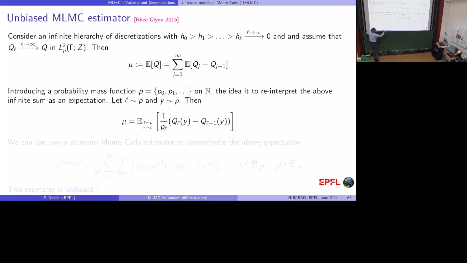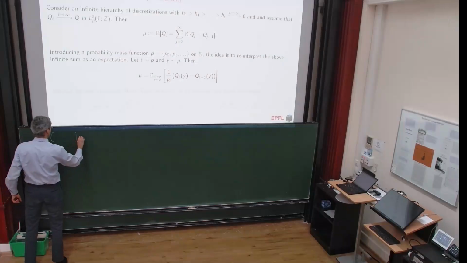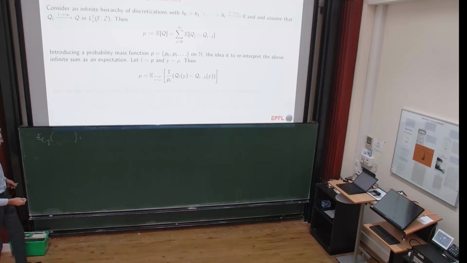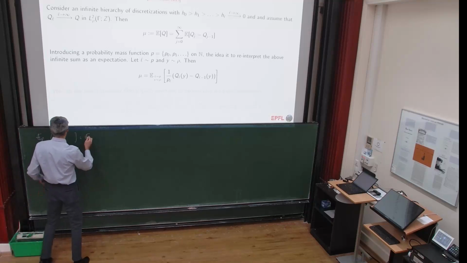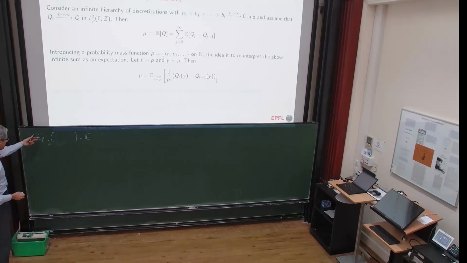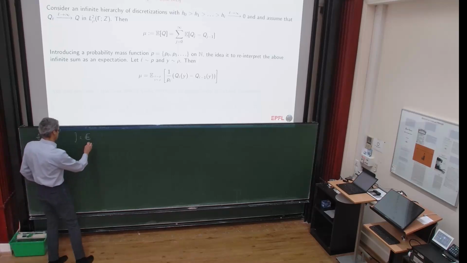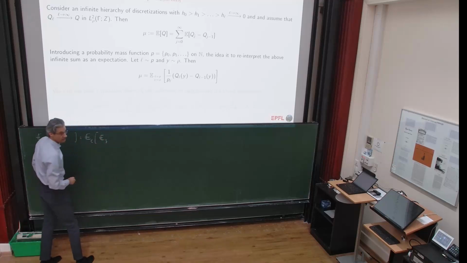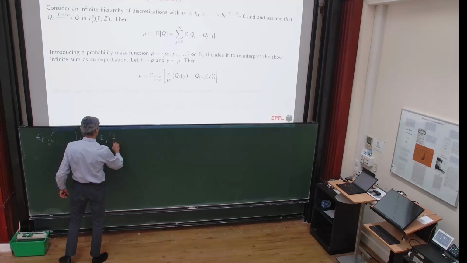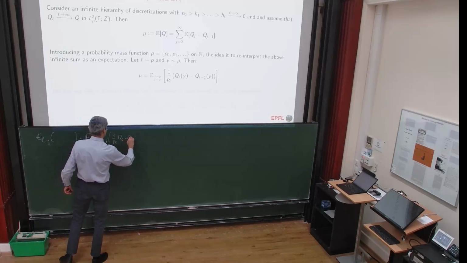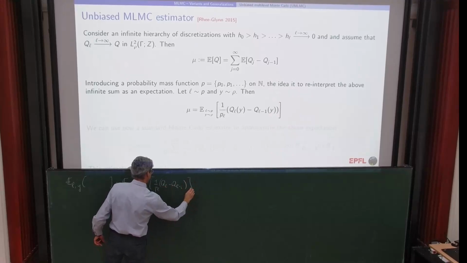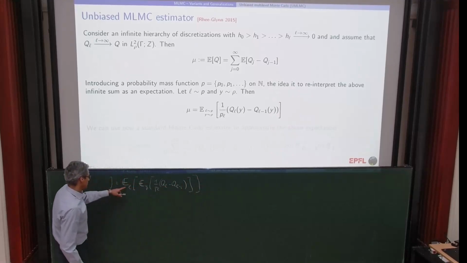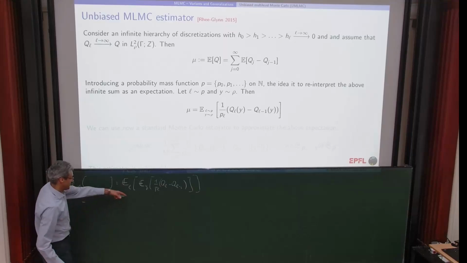So this expectation over L and Y, because those two random variables are independent, is a double integral if you wish. I can write it as an expectation over L of the expectation over Y of 1 over p_L times Q_L minus Q_{L-1}. Now this expectation over L, I spell out exactly what it is.